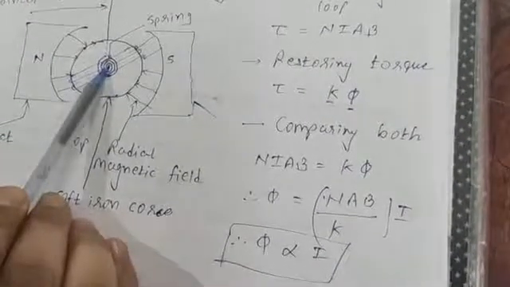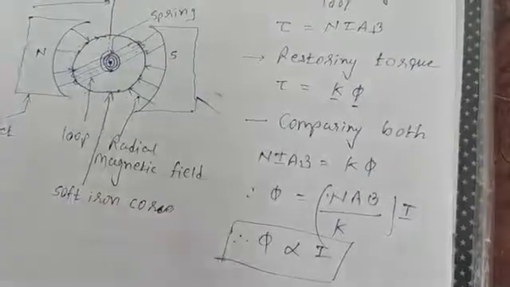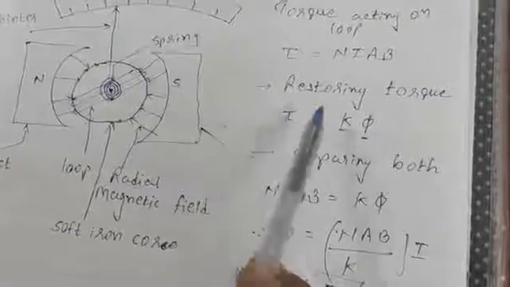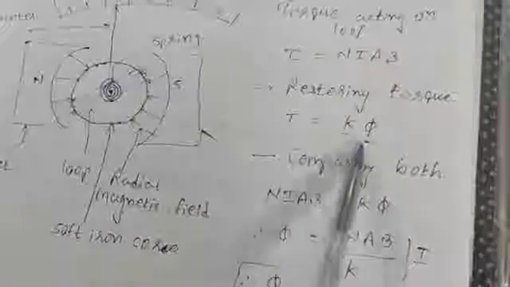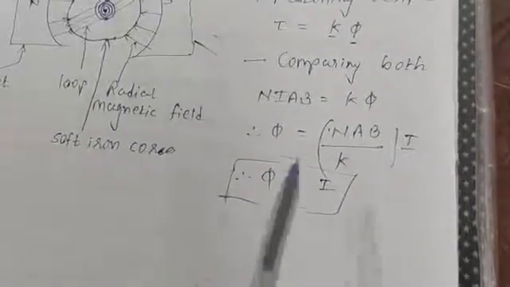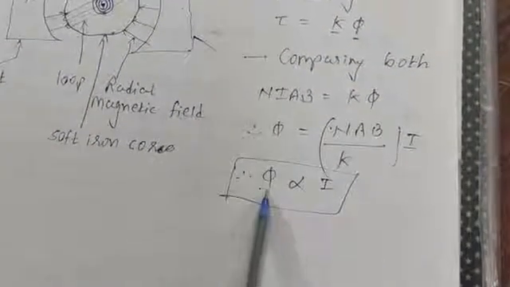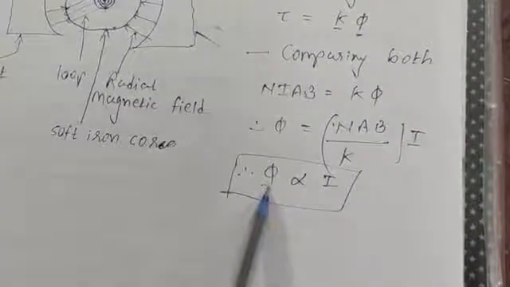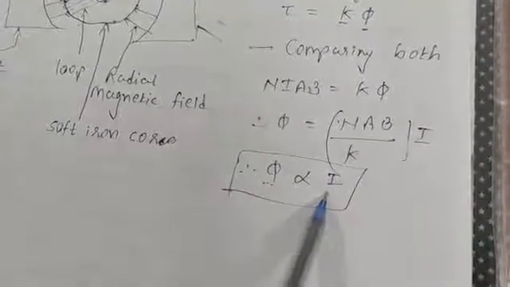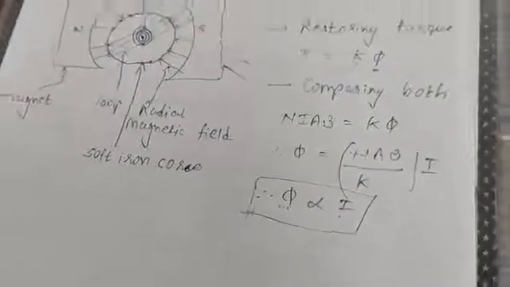After that rotation, the spring goes back to its original position, and for that a restoring torque k phi is there. Comparing both, we reach the conclusion that the angular deflection is proportional to the current I flowing. So this is the principle of the galvanometer.